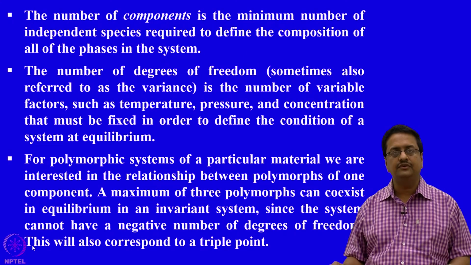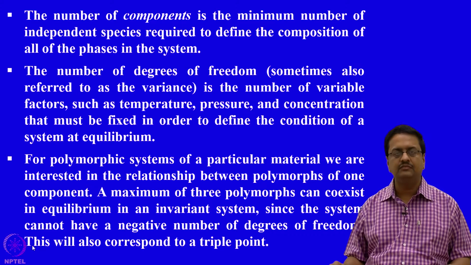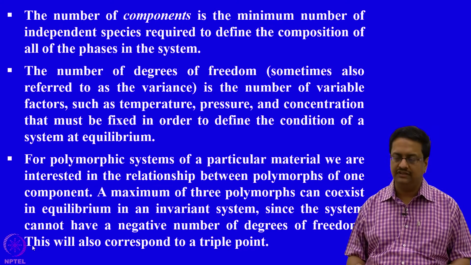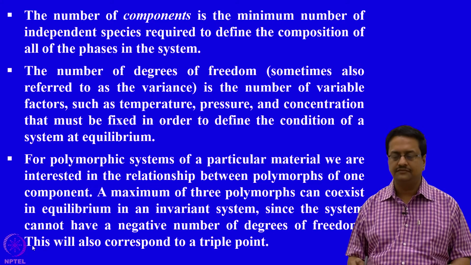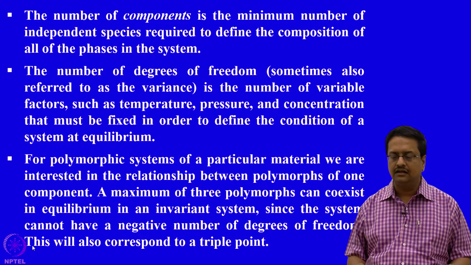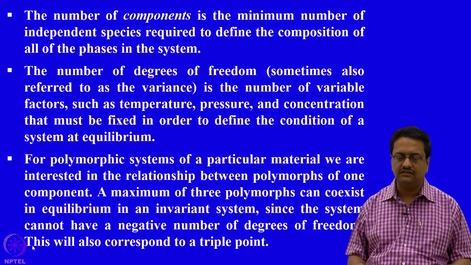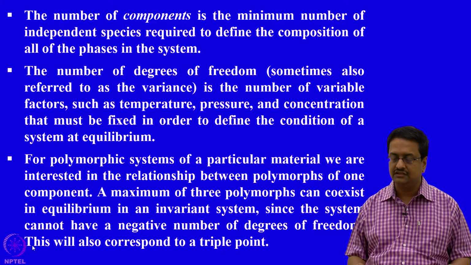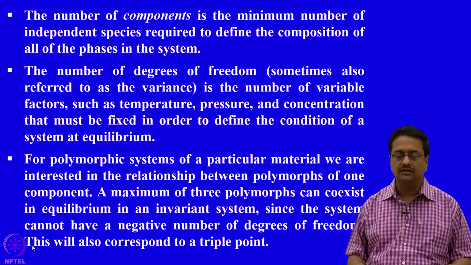The number of components is the minimum number of independent species required to define the composition of all the phases, and the number of degrees of freedom is the number of variables, that is temperature, pressure, concentration, that must be fixed in order to define the condition of the system at equilibrium.